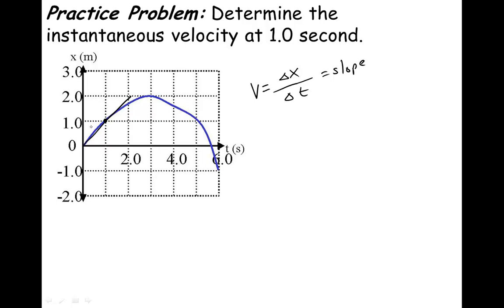So the slope of this line, I'm going to look at those 2 points, and my velocity would be equal to 2 meters minus 0 meters over 2 seconds minus 0 seconds, and that would give me a value of about 1 meter per second.